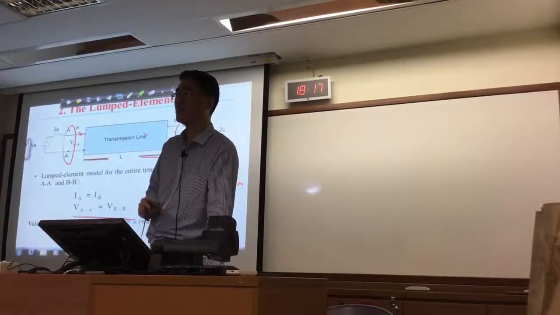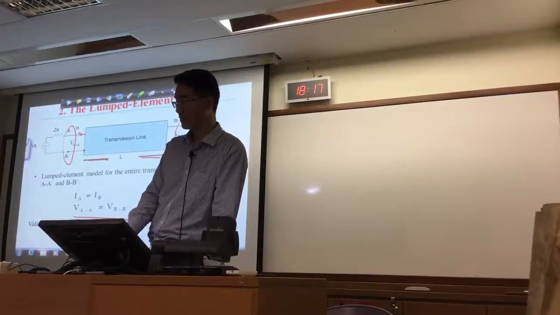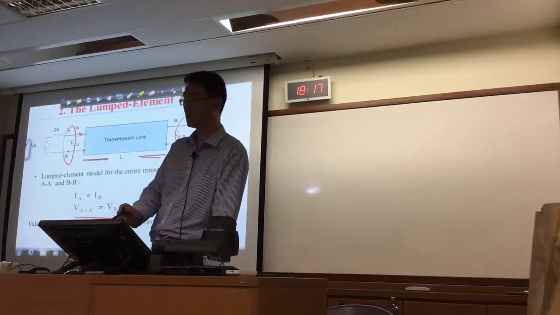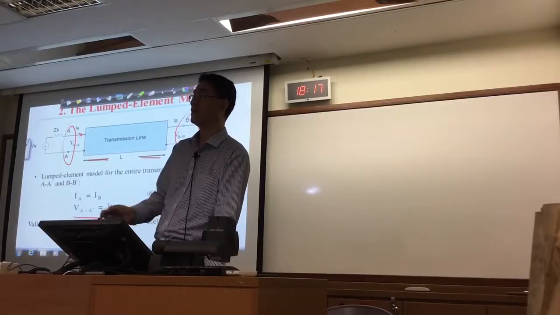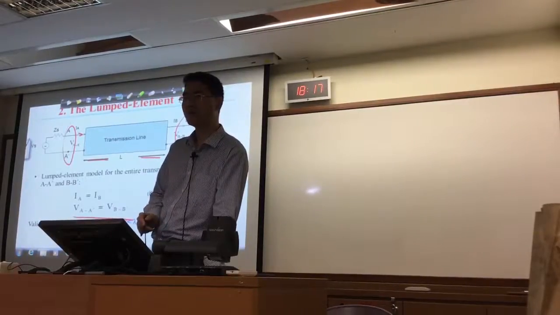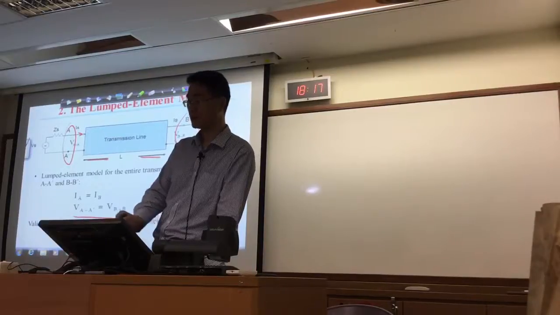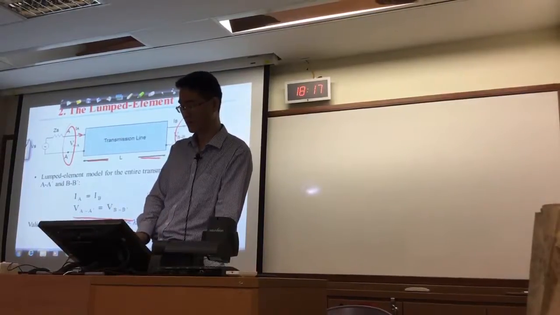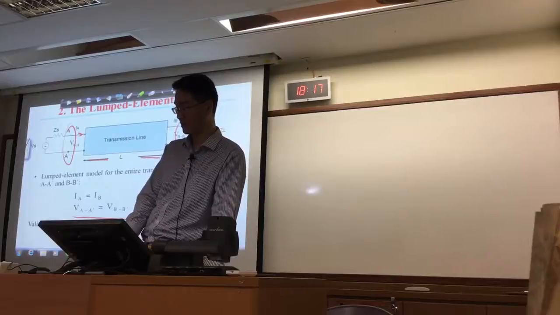However, at microwave frequency, the physical length is comparable with lambda. For instance, Wi-Fi frequency 2.4 or 2.5 gigahertz, or 5 gigahertz Wi-Fi. Say we use 5 gigahertz. Then what is the wavelength?